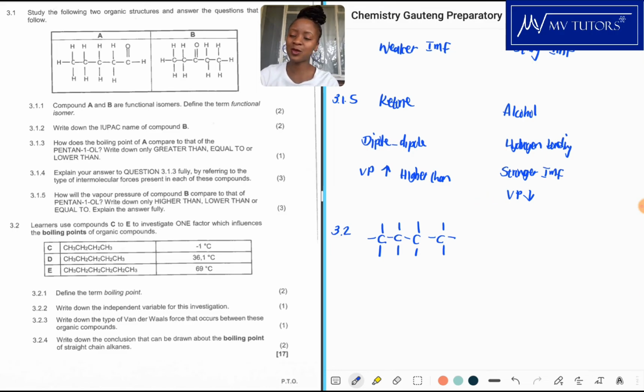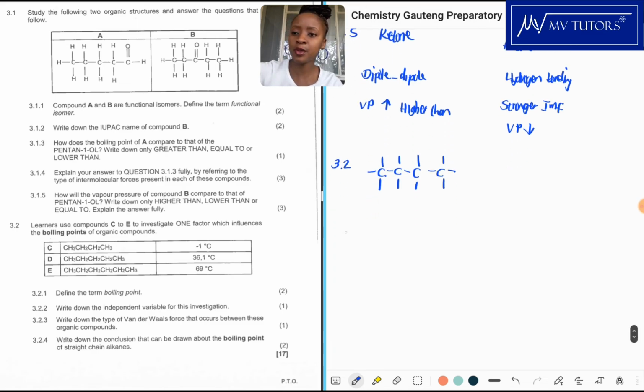It is butane, not butanol, because you have an alkane. D is the same but increases by 1, so we have pentane, and E also increases by 1, so we have hexane. These are all alkanes, and we can see that moving from butane to hexane, the boiling point increases. So as the chain gets longer in your alkanes, the boiling point does increase. That's the trend that we're seeing.